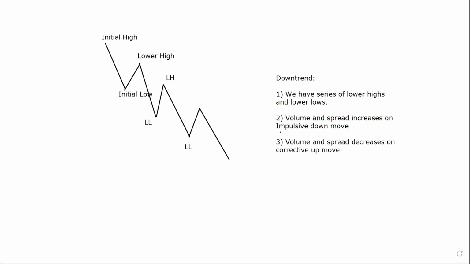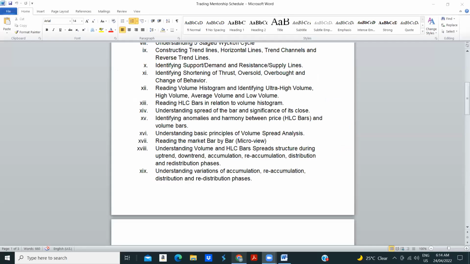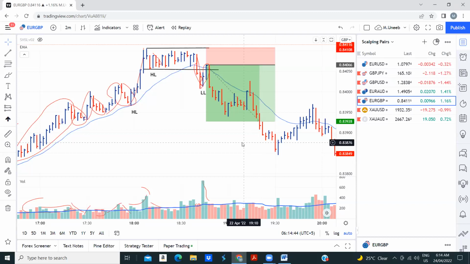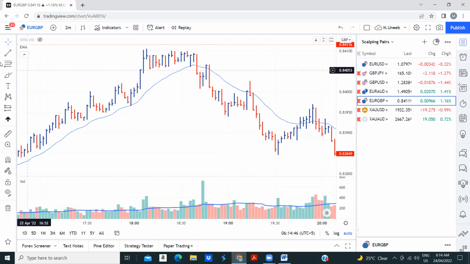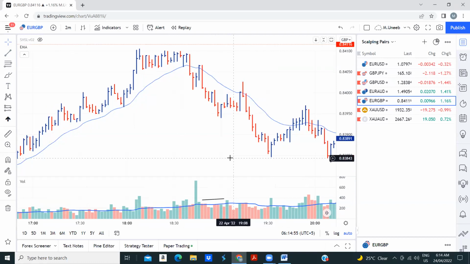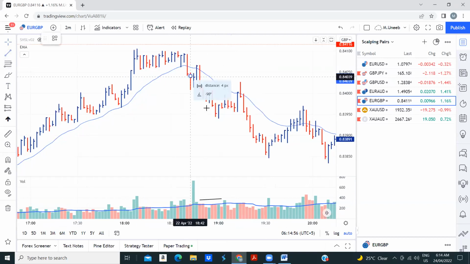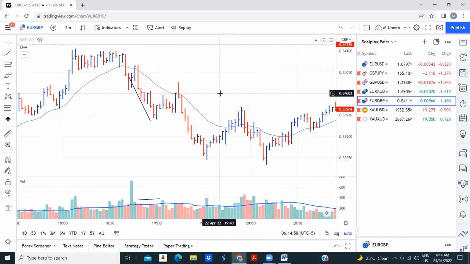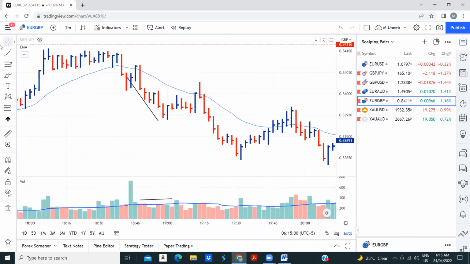Let me show you on the chart. So we have a downtrend here. You can see here, initially the volume is just stable as the price goes up. Got it? Stable. And now, as we go up here, you see a decrease in volume.